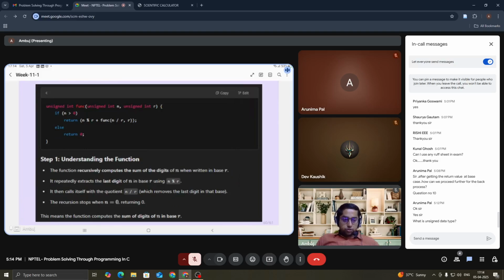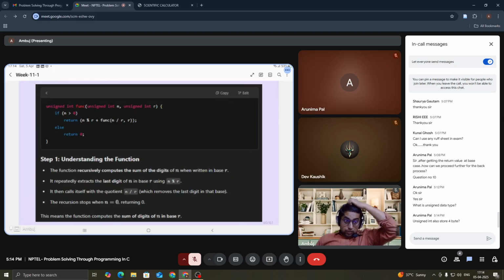Okay. Any more doubts? Yes, it is also stored in 4 bytes only. But that reserved bit for the sign is removed. That is the only thing.